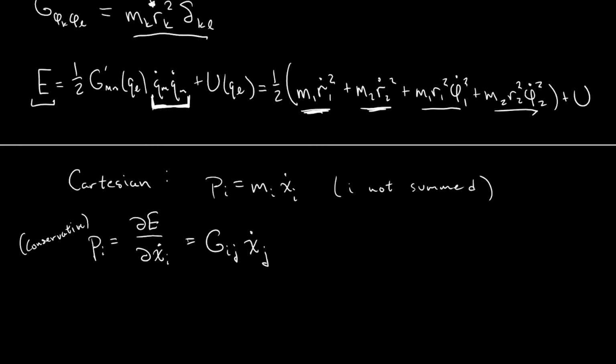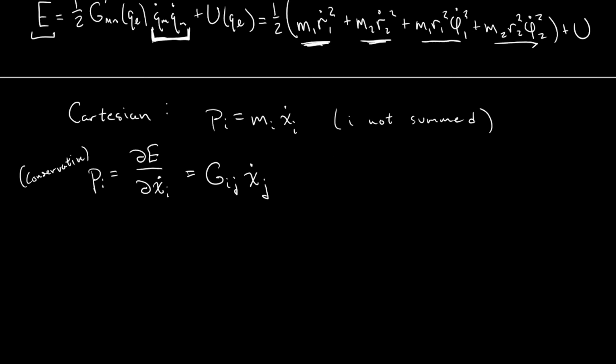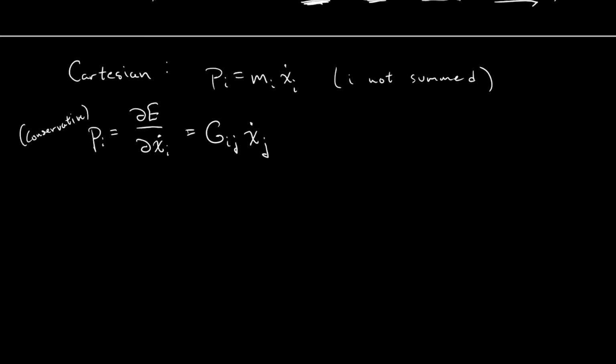Again, this is Cartesian. Now when I do a coordinate transformation, say I want to take x_i and replace it with some q_j, well, the right-hand side of this transforms, and we know how it transforms.